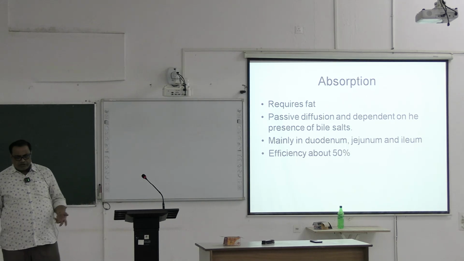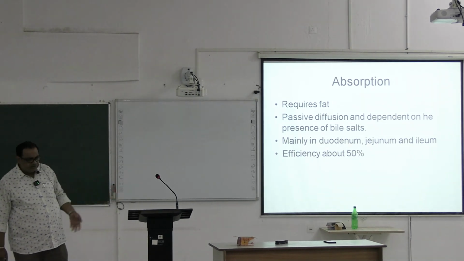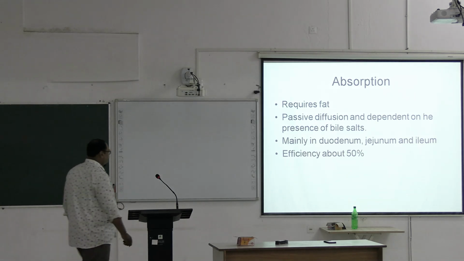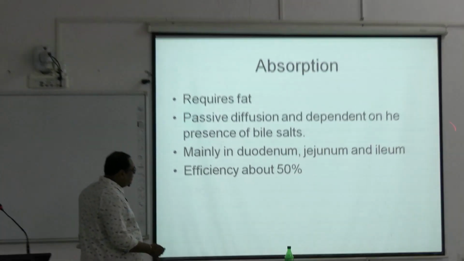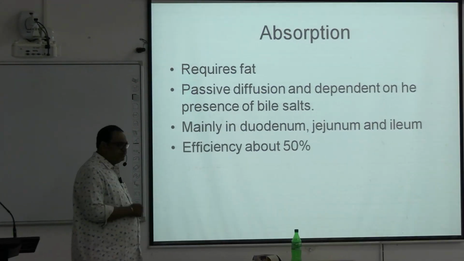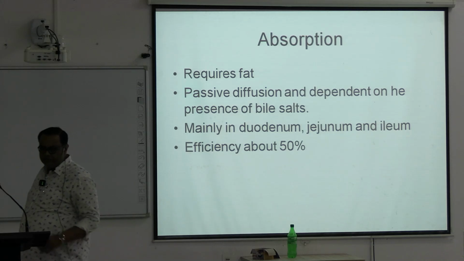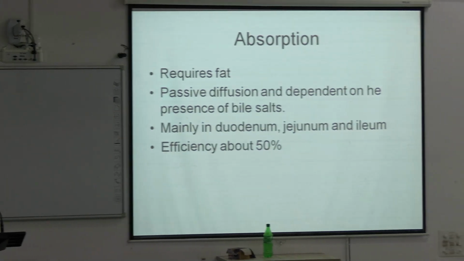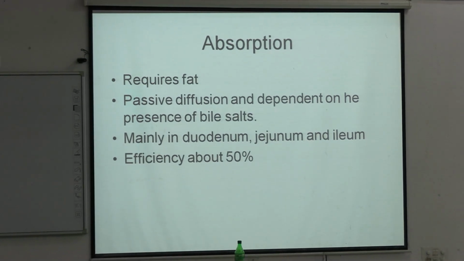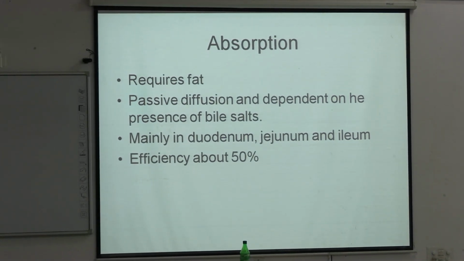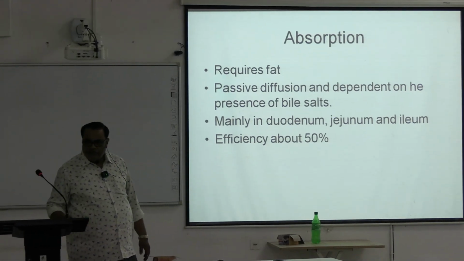If we do not get bile salts, we cannot absorb any of the fat soluble vitamins, like vitamins A, E and K. Mainly in the duodenum, jejunum and ileum, efficiency is about 50%, meaning if you give 100 microgram, only 50 microgram will be absorbed. Can it be stored in the liver? Yes, it can be stored in the liver. Which liver? All animals' liver. So if we take organ meat, then we can get vitamin D.